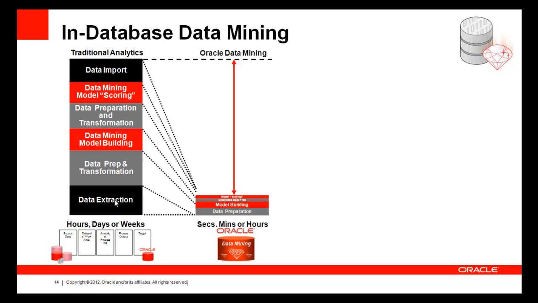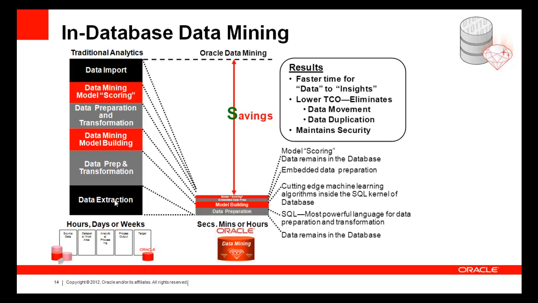And with Oracle, things like that are just native SQL. They just happen natively in the database. So I don't have to do the transforms out of the database. I don't have to build the models out of the database. I can do all of that as native pure functions inside the database. And I'm doing that with faster time to go from raw data to insights, a lower total cost of ownership, and so on.